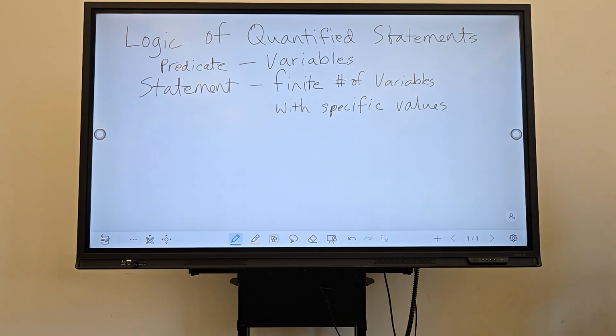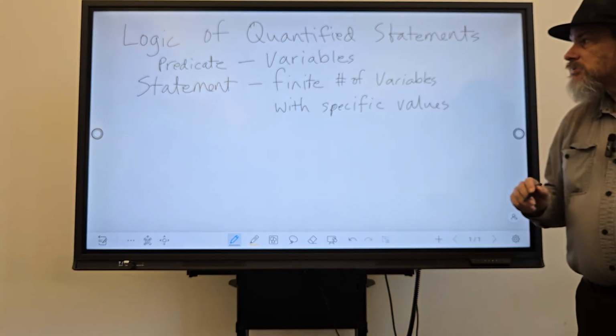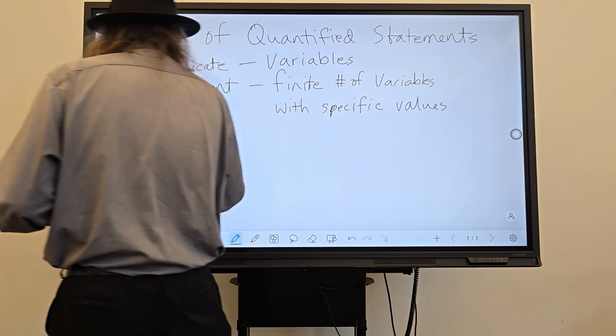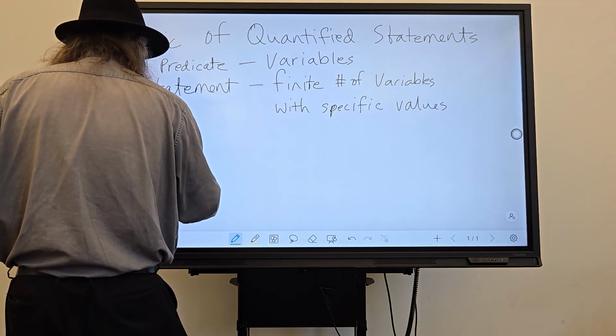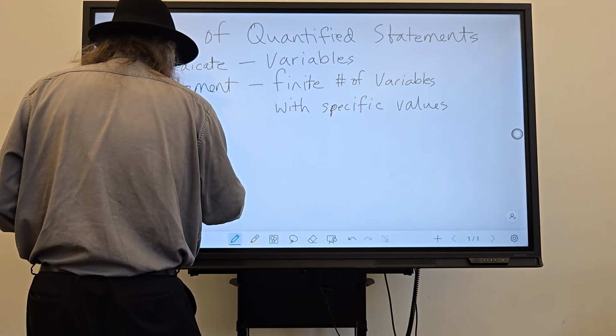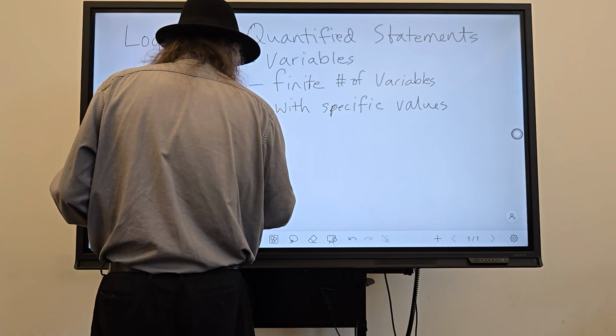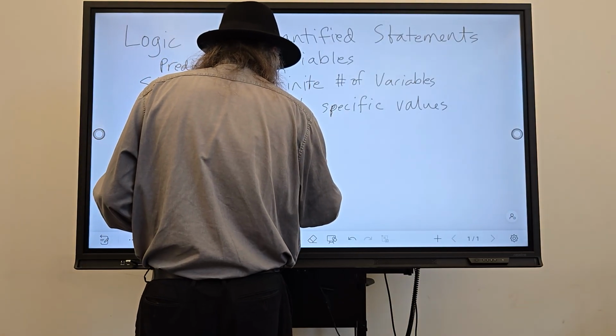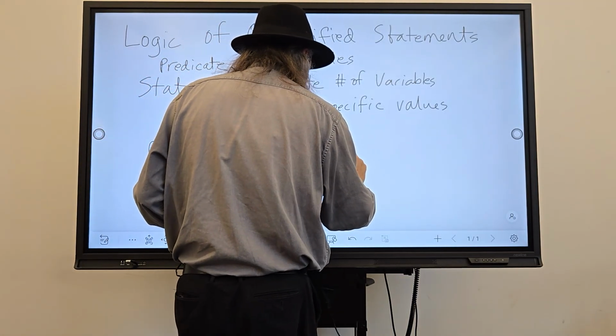The domain of a predicate variable is the set of all values that can be substituted in place of the variable. Domain: set of possible values.